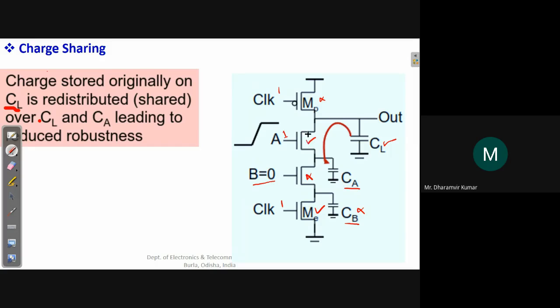So this path is available between this node and this node. Can we form a closed loop path here? Start from ground, come here like this, and it will go to the ground. This is ground, this is ground, so they are the same. Like this, the current will flow in the closed path.